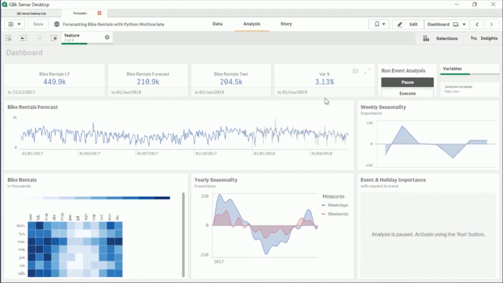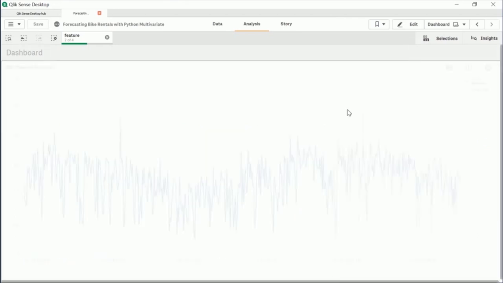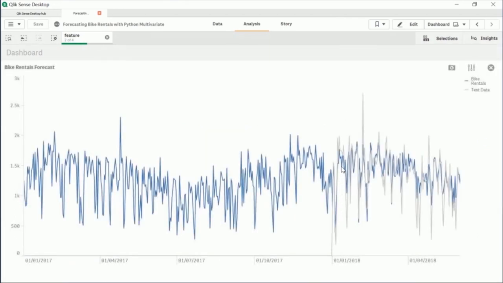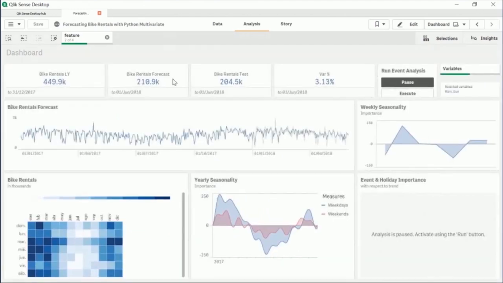Now we have the calculations ready. And as you can see here, our forecasting is performing a lot better this time. It is considering our peaks that we didn't have before. And this is shown also in the total of our rental forecasting. It has decreased. And this does not mean that we have not improved our performance.